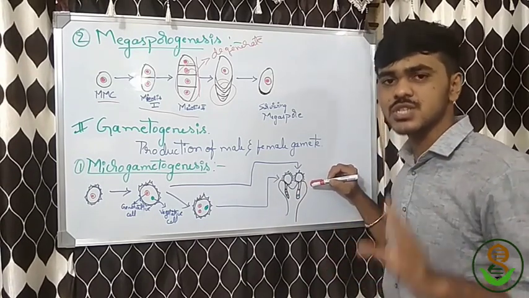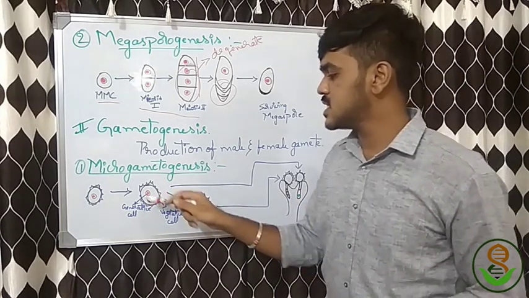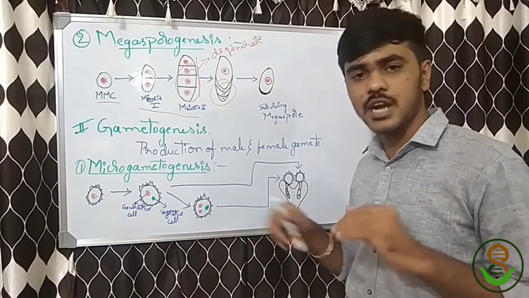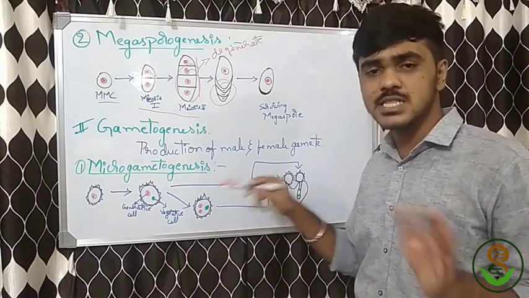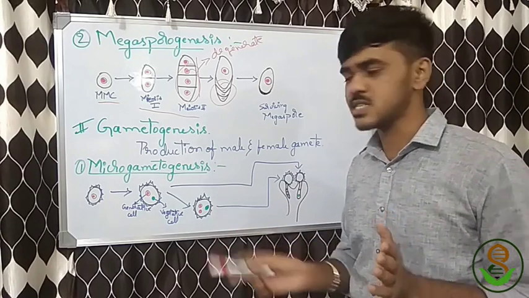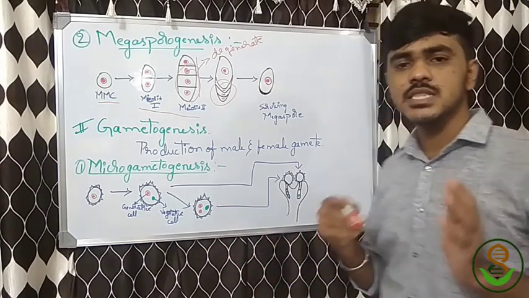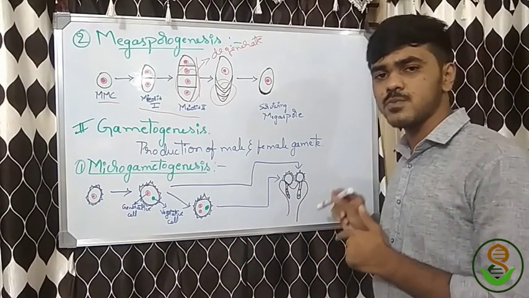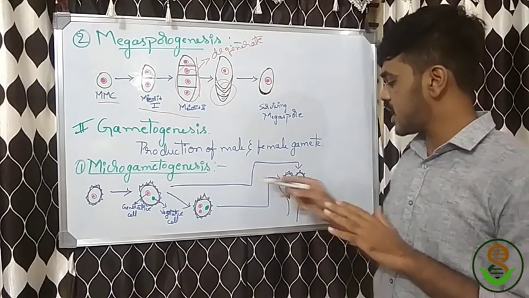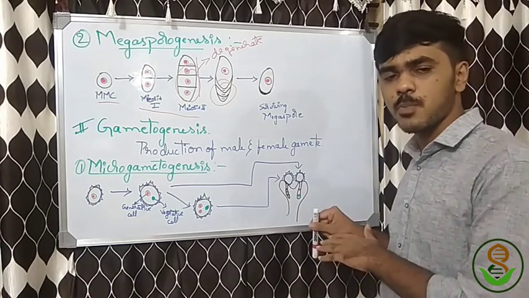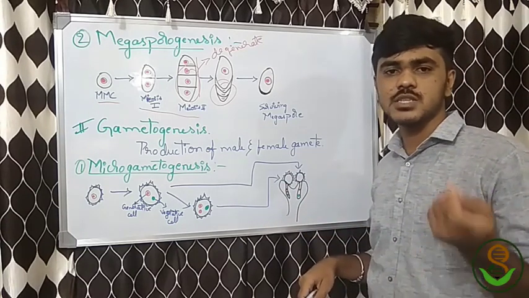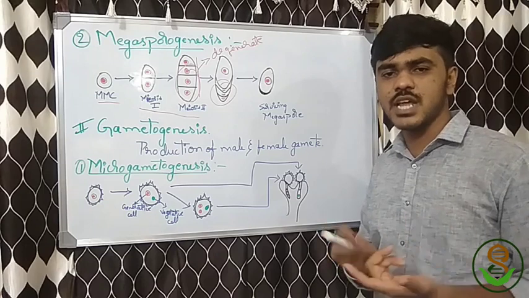Sometimes the generative cell divides before the release itself, and the pollen is released in the 3 cell stage. There are 2 possibilities, 2 cell stage and 3 cell stage. If 2 cell stage, then the 3rd cell will be formed in the pollen tube, that is the microgametophyte condition. If 3 cell stage, they are ready, pollen tube growth takes place, and it reaches the micropyle, where the fertilization will take place.